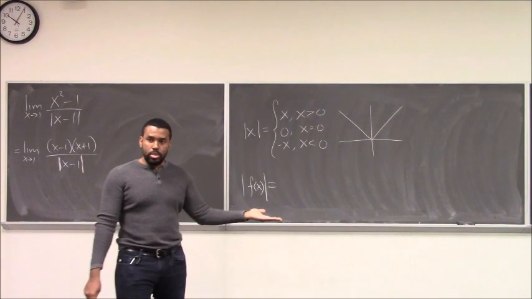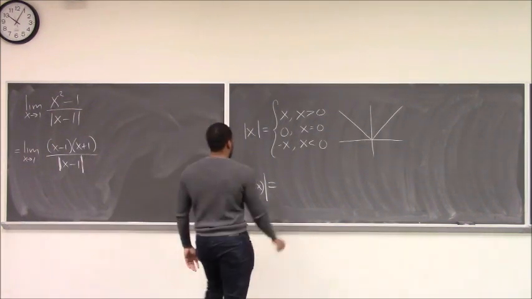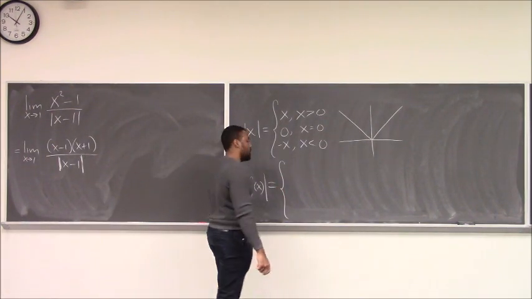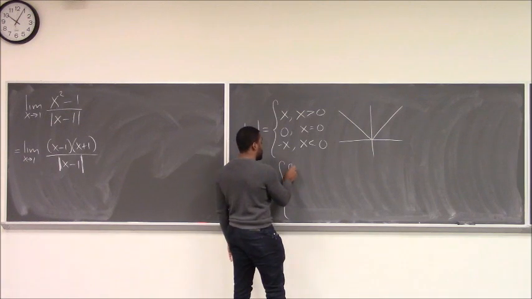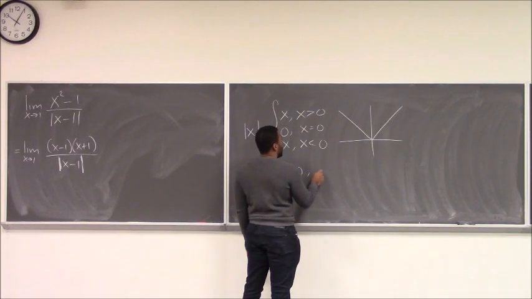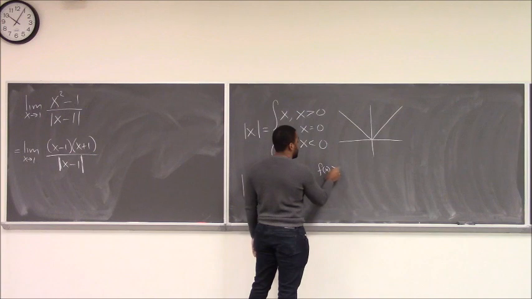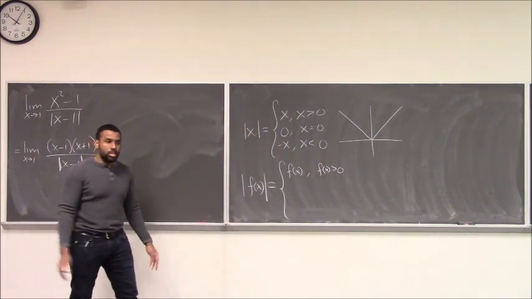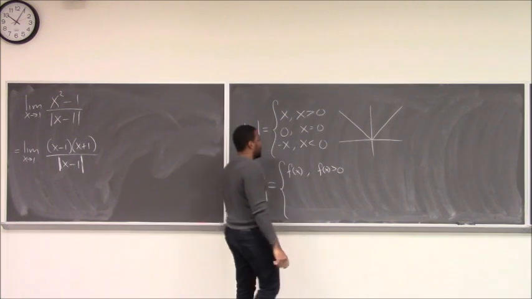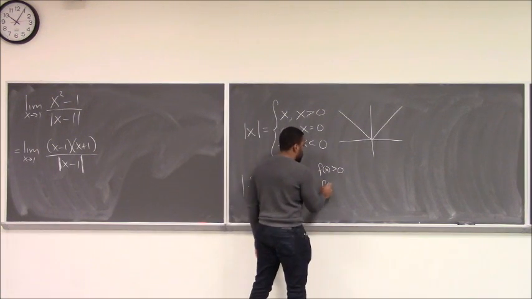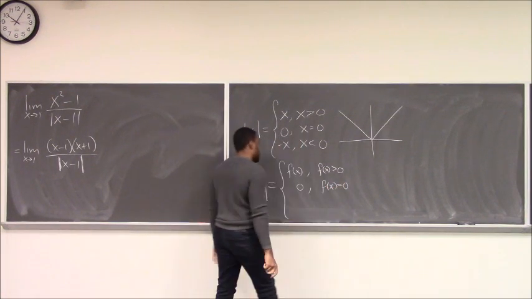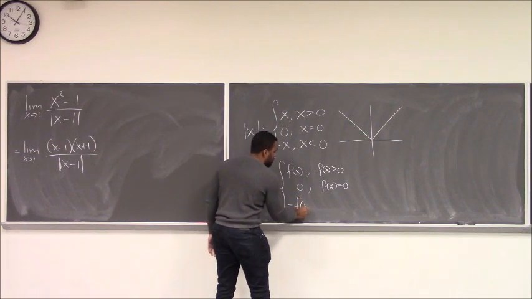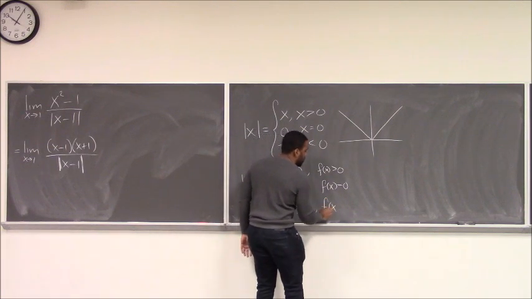Everywhere you see an x, you now replace it with f of x. So the absolute value of some random function is going to be that function as long as the function is positive. The absolute value is not going to do anything because it's already positive. It's going to be 0 wherever the function is 0, and it will negate the function whenever the function becomes negative.